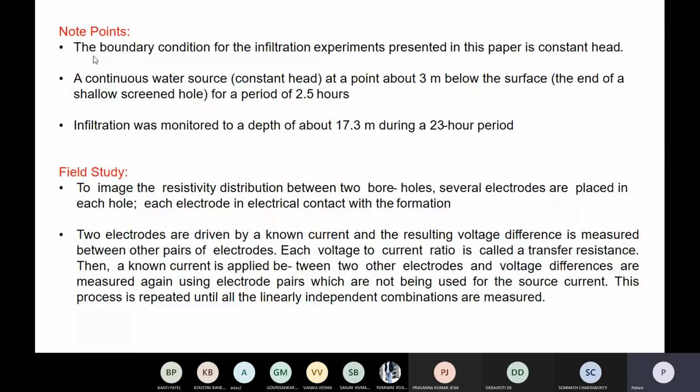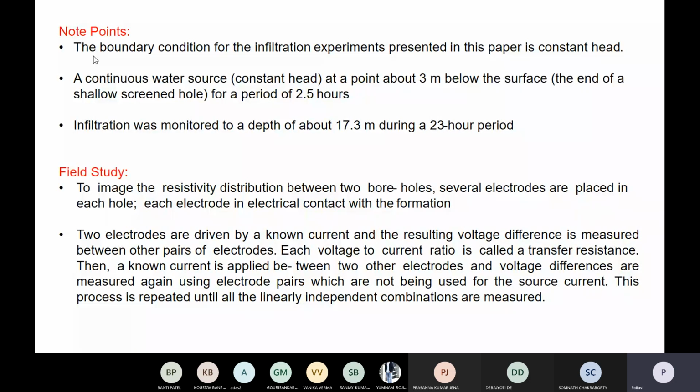Whenever you put water and make the soil saturated, that will make a low resistivity zone. So you can easily differentiate the high resistivity zone and the low resistivity zone. If you are doing an experiment for the unsaturated zone, there is no need to put saline water.